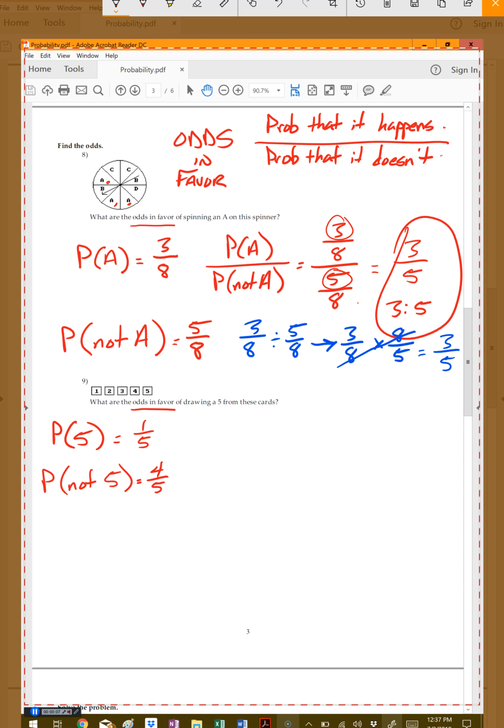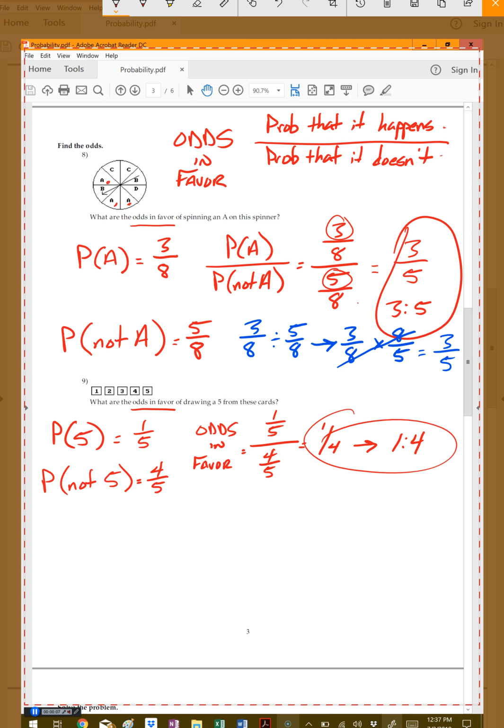So if we calculate the odds in favor, 1/5 over 4/5, or 1/4, or as we like it a little better, probably 1 to 4.